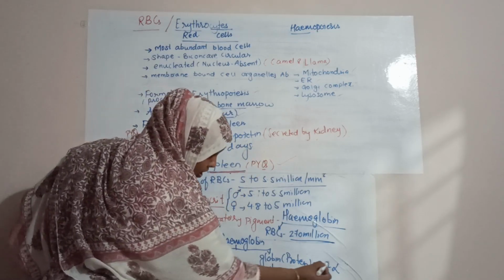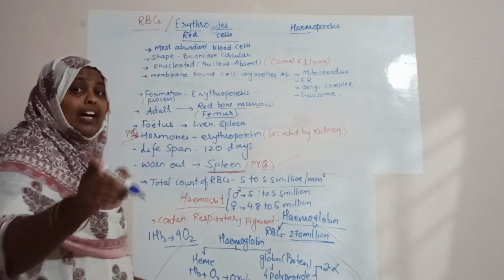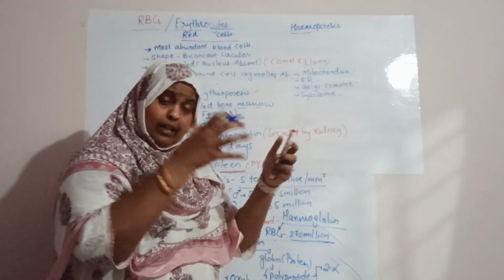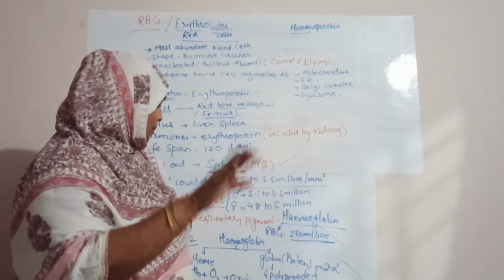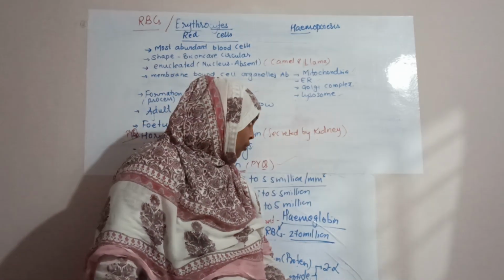The globin chain is made up of protein, and protein means amino acids. So carbon dioxide combines with the amino acid residues and forms carbaminohemoglobin.